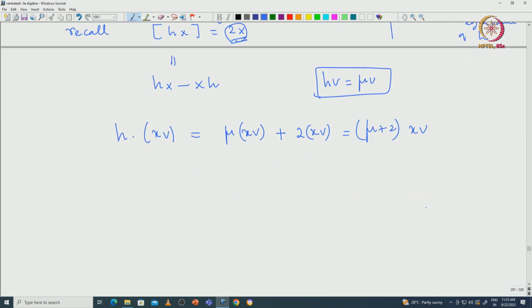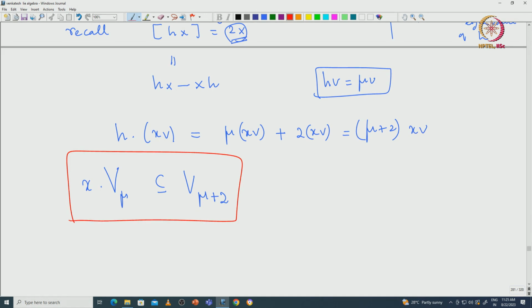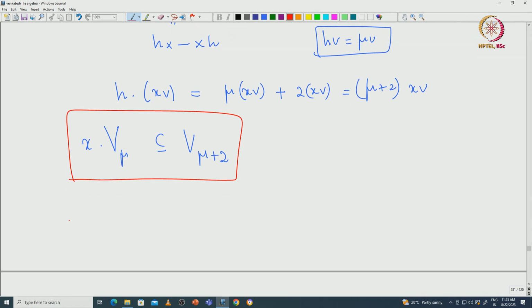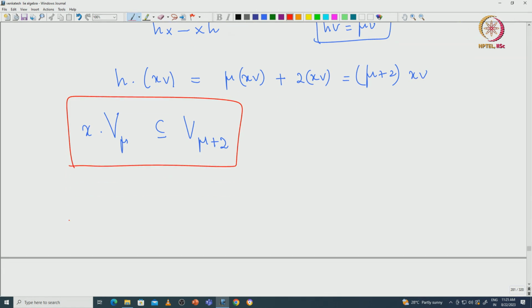So, what we have proved is that if we take V_mu, the mu-th eigenspace of the action of h, and apply x on it, then x takes V_mu to V_{mu+2}. This is true for any mu-th eigenspace. Of course, if V_mu is 0, then it is obviously true.